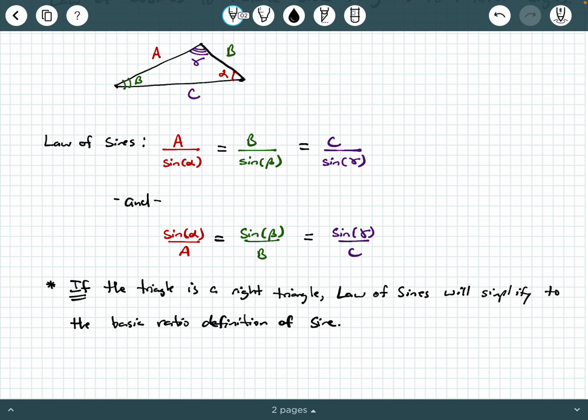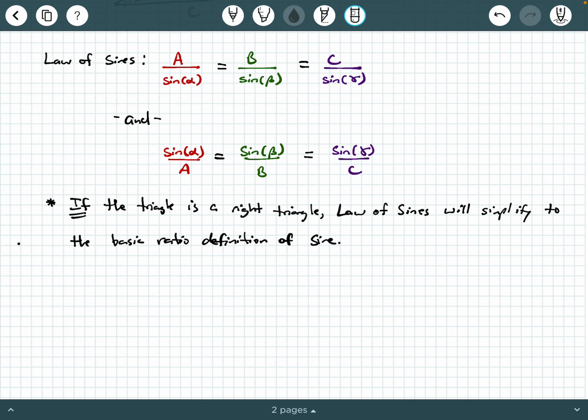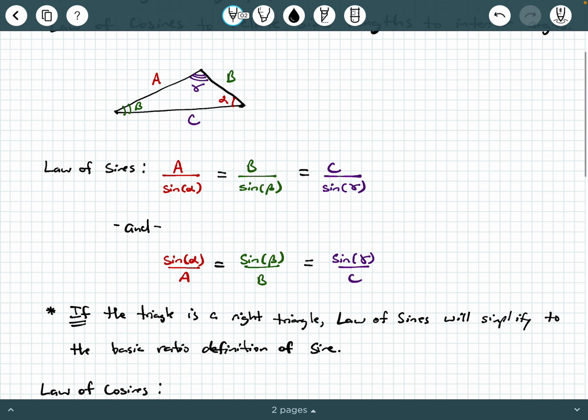What about this other thing called law of cosines? Let's write that down, okay? Law of cosines. And again, I am referring to this same color-coded triangle that I drew already, okay? So here's how law of cosines relates things to each other, okay?